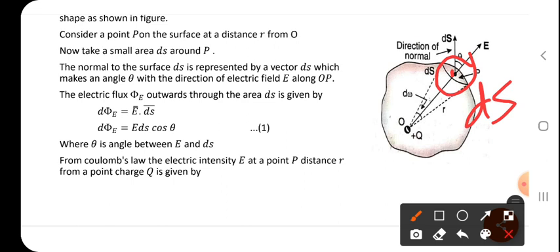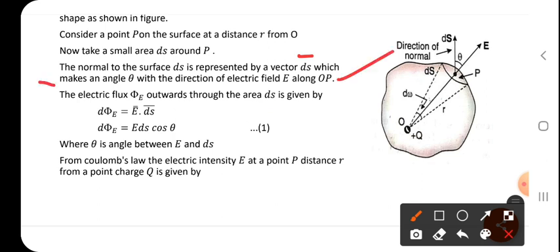Next, the normal to the surface dS is represented by a vector dS bar. Generally we write it as a vector dS bar. Why is it a vector? For vector we denote it dS bar. It makes an angle theta with the direction of the electric field along OP, right?